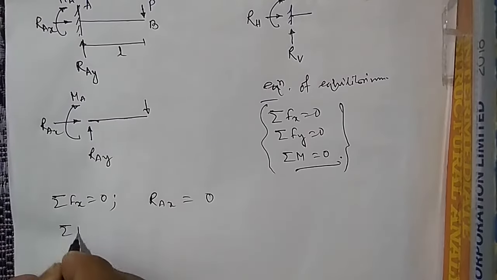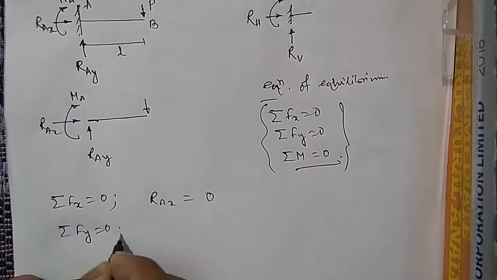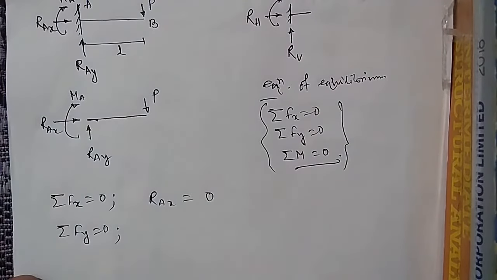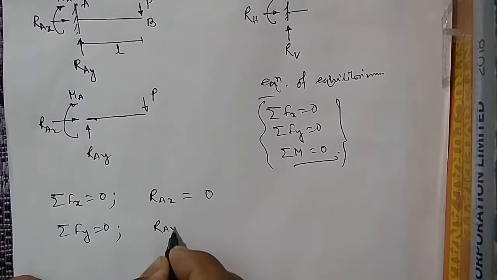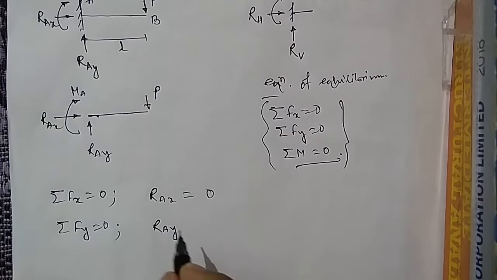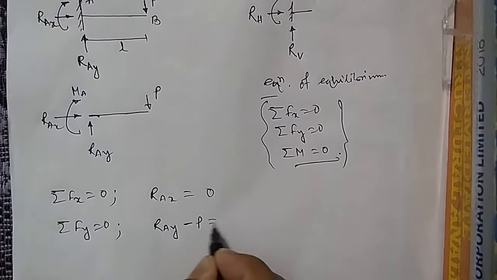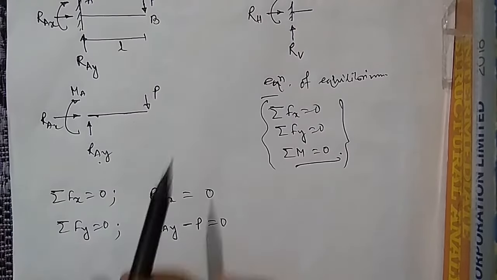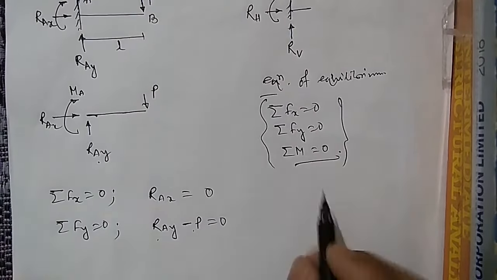Second one, summation Fy equals 0 means the summation of all the forces in the y direction equals 0. So RAY minus P equals 0.